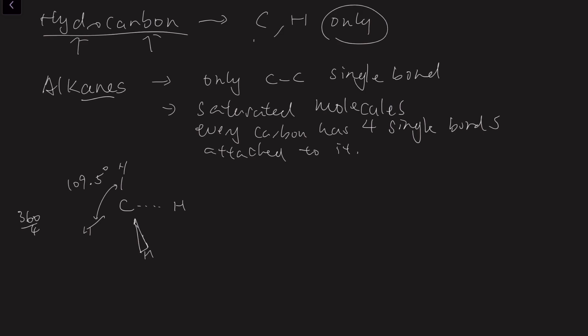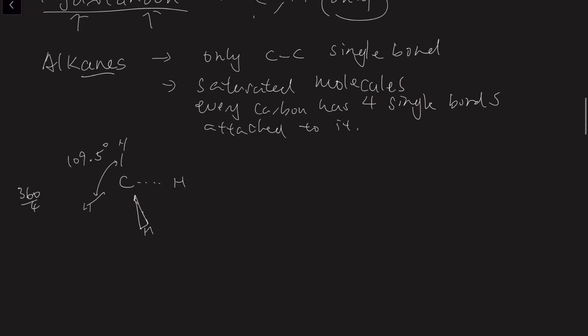Each carbon is the central atom, and this is the angle. This topic is covered in Year 11 chemistry. It's called tetrahedral. It's not really assessed on the chemistry exam, but it's good information to know.